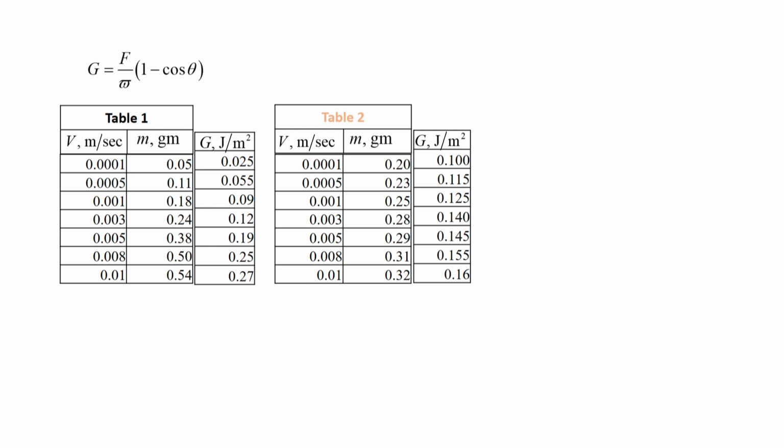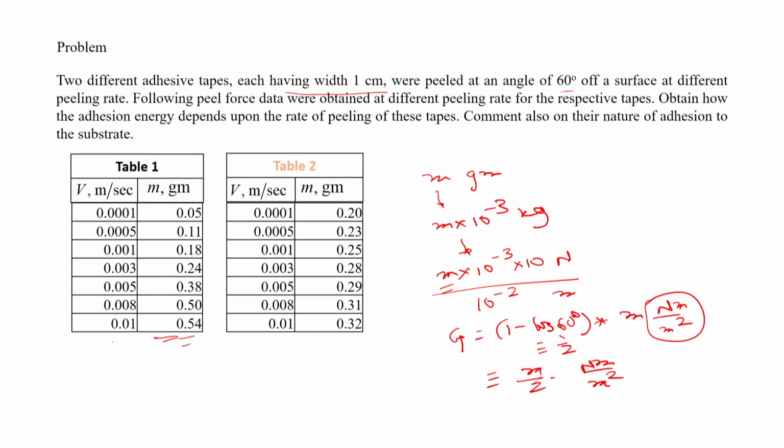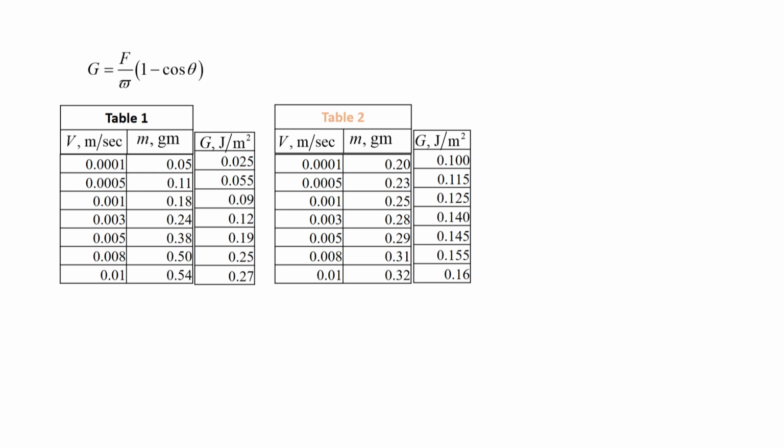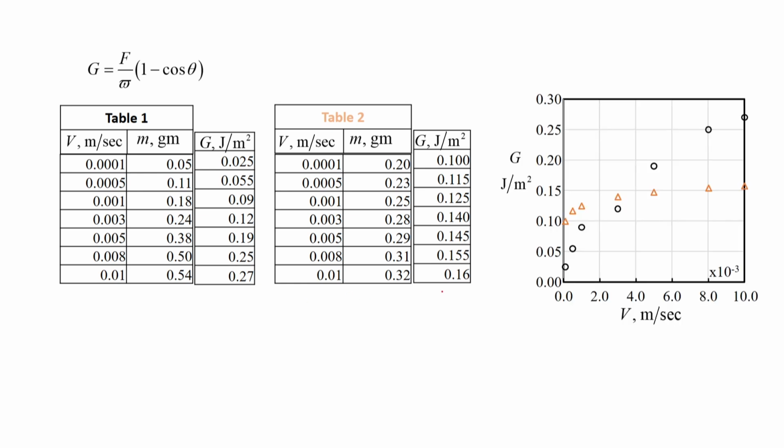And so, I have already done all this, and then finally we have these values, and then we plot it. So, the plot of G also will be expected to look something like this, and for this case it is like this.